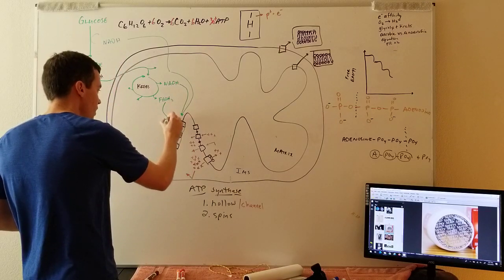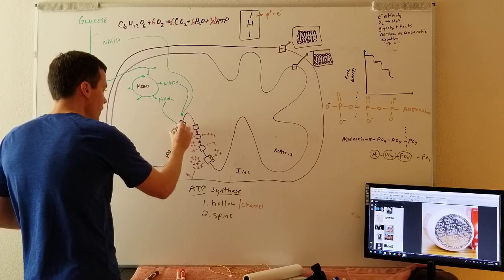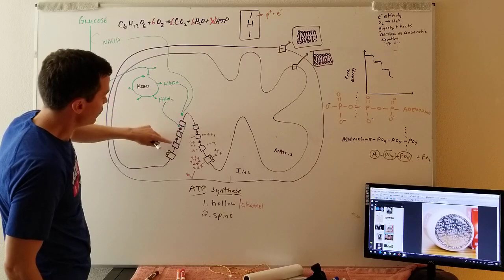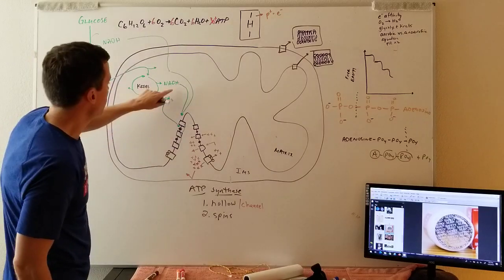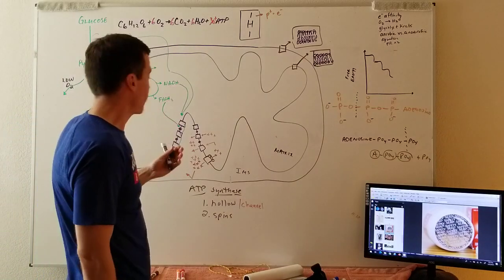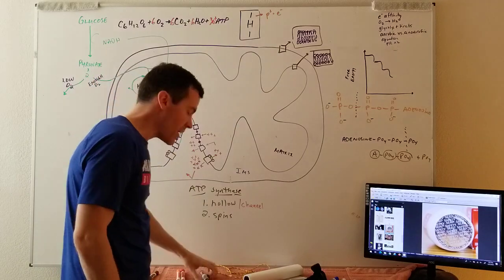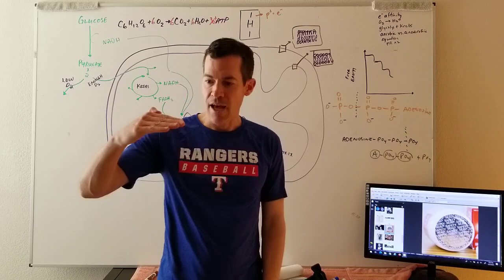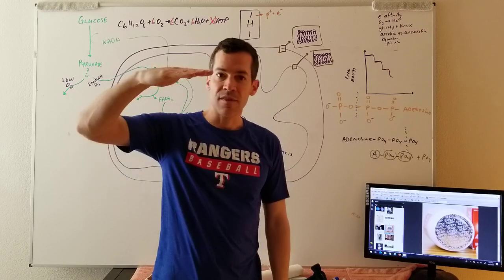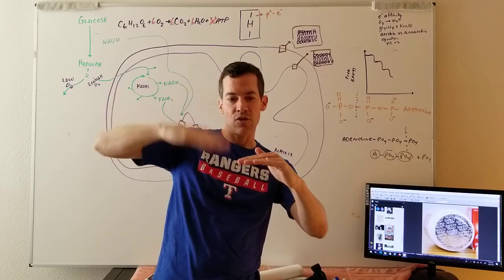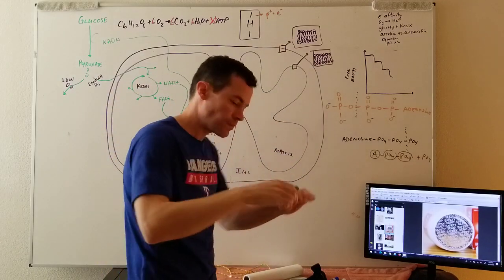FADH2, the electrons are not carrying as much energy. So they actually only eventually power pump number 2 and pump number 3. So a molecule of NADH actually provides more power than FADH2. If you think back to energy levels, if I have electrons being carried at this energy level versus electrons being carried at this energy level, this one has more potential energy.